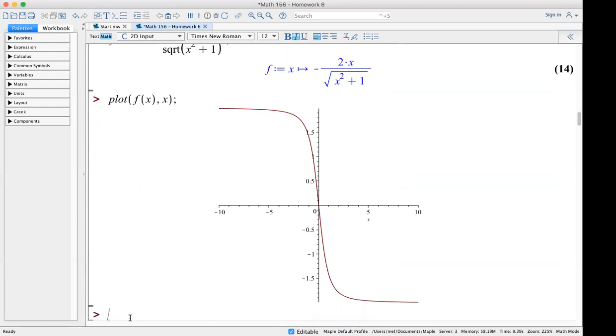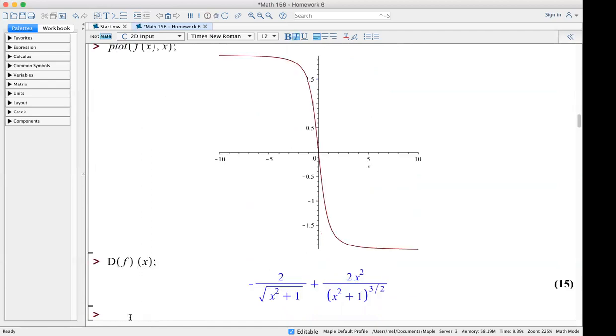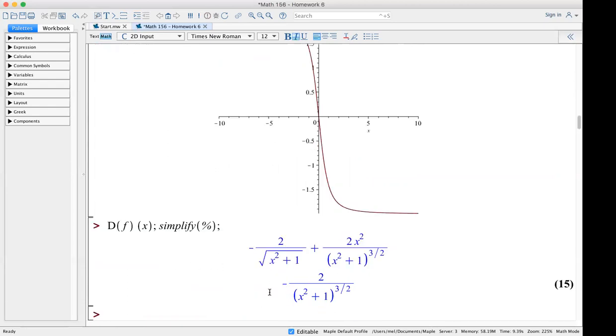So what is the derivative of the function? That's what it is. Let's see if Maple will simplify it. Oh, this is much simpler.